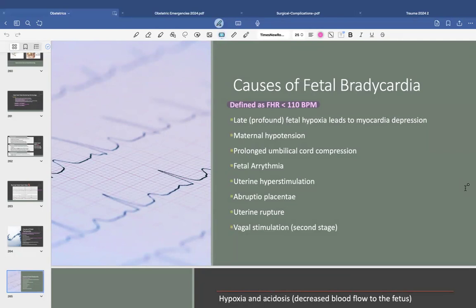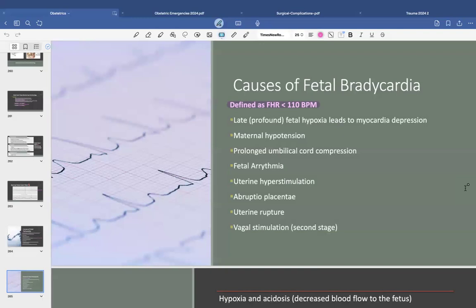So we talk about variability in our terminology. Fetal heart rate variability has been recognized as a predictor of fetal well-being. So if the fetal heart rate is variable, that's usually a good sign. That shows us that the baby's neurodevelopment is good, the fetal well-being is where we want it to be. If you're not having a lot of fetal heart rate variability, that would be considered decreased variability.